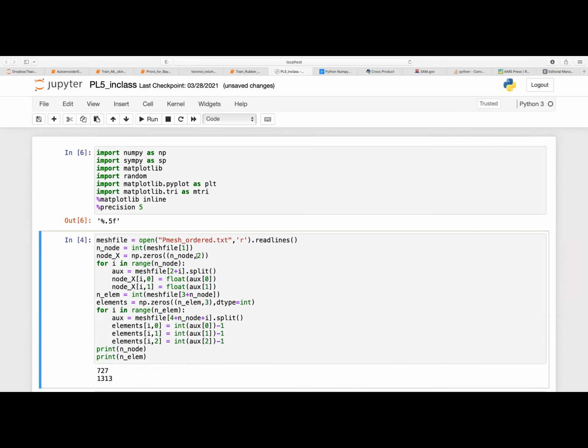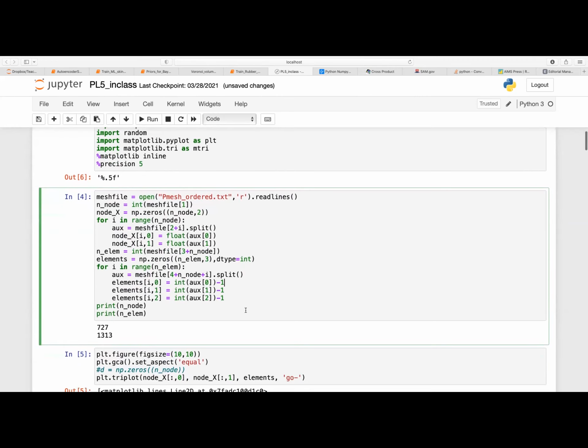So load PMesh order, and then also change, I made a mistake as well. So change to -1 here. This is just for when I ordered the mesh, I did not have the indexing from 0. I had the indexing from 1. So I need to subtract 1 from all the known numbers so that they start from 0.